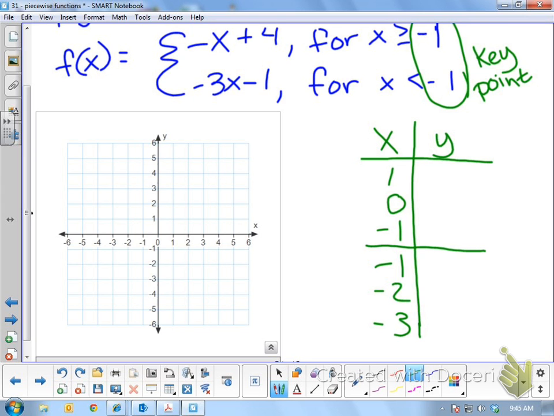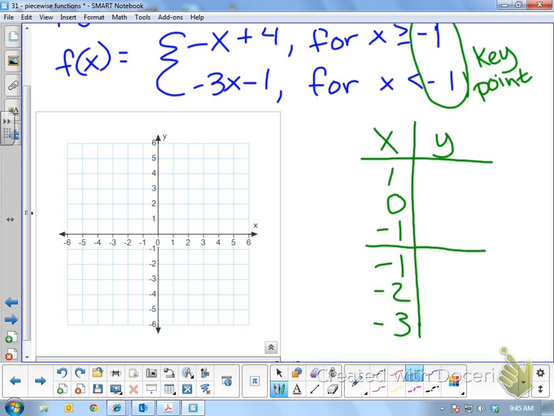Well, they gave us some other information here by our key points. If our symbol says greater than here, which set of points was our greater than set of points? The top one.